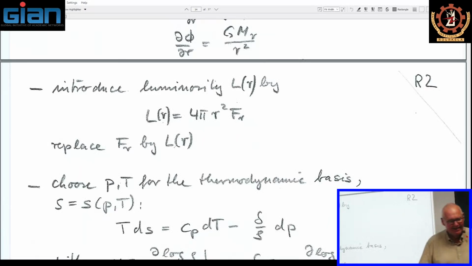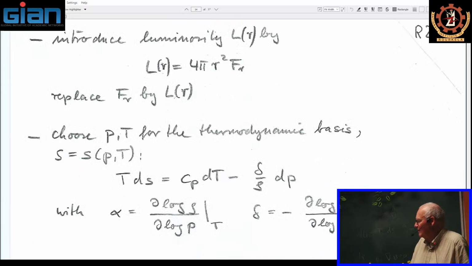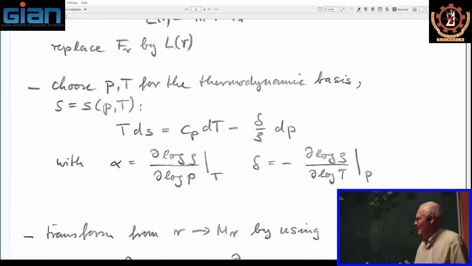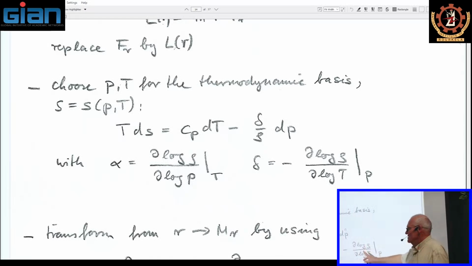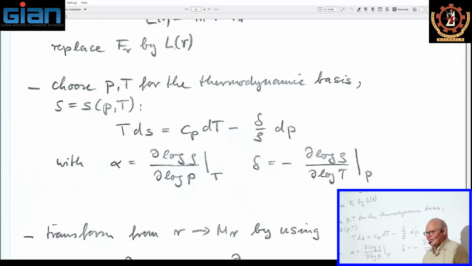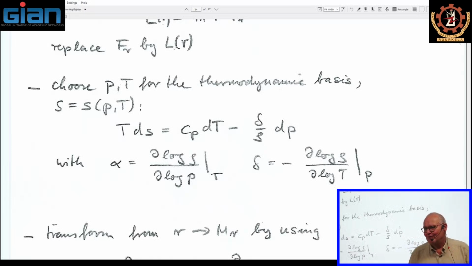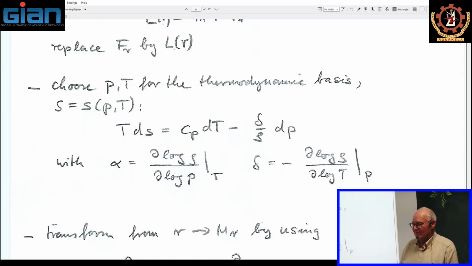Delta is defined. Now I have to introduce several thermodynamic quantities. Delta is the logarithmic derivative of density with respect to temperature at constant pressure, with a minus. And alpha, for completeness, is the logarithmic derivative of density with respect to pressure at constant temperature.